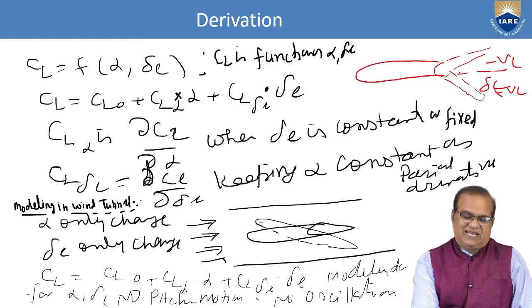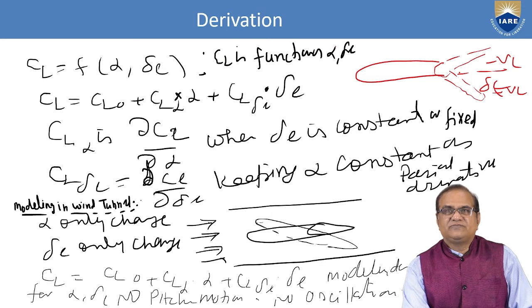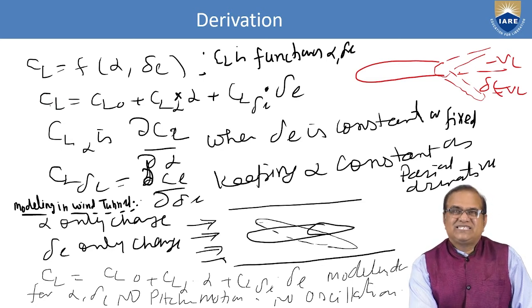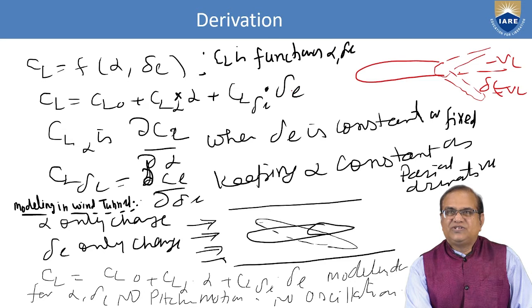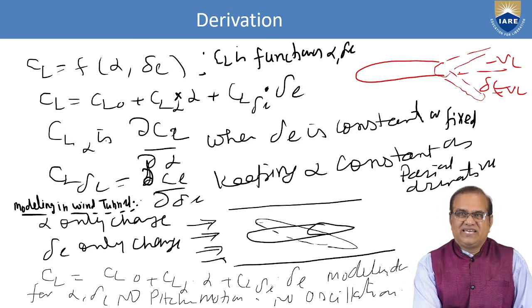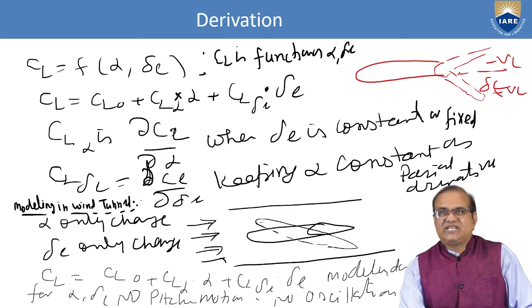We know that CL, the coefficient of lift, is a function of alpha, the angle of attack, and delta E. By the Taylor series, if we expand it, CL is equal to CL naught plus CL alpha into alpha plus CL delta E into delta E. Here CL alpha is dCL by d alpha when delta E is constant.